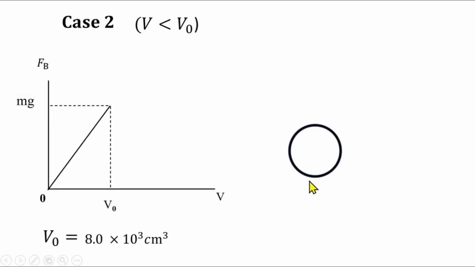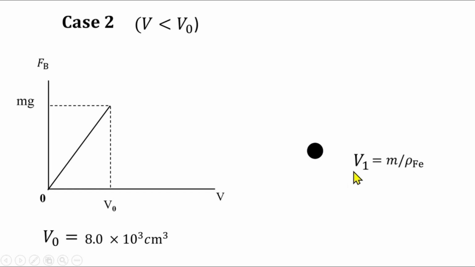We have a hollow ball, and what will happen when the diameter decreases? In this case, the empty space inside of the ball disappears, and the ball arrives at the smallest possible volume, which we denote as V1 and which is equal to mass divided by the density of iron.